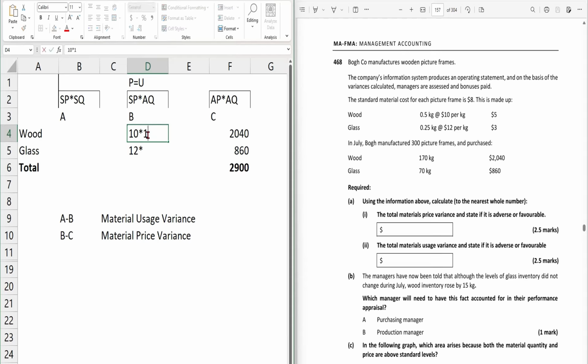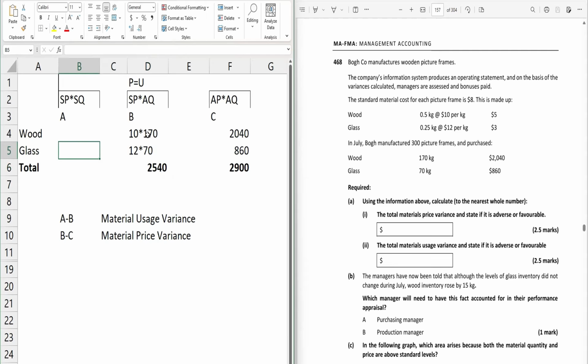I think it's clear up to here. All right. So let's add both of these together, which gives me 2540.